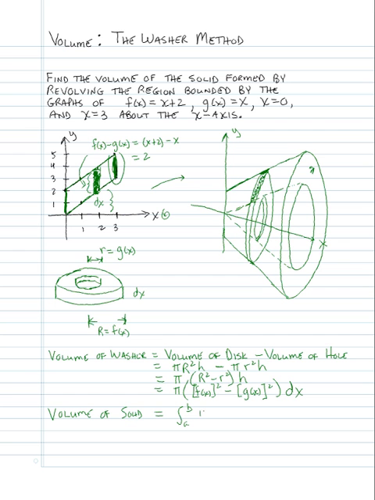And then it would be pi times, just as we've written above, f of x squared minus g of x squared dx. And of course, the pi can be factored to the front.